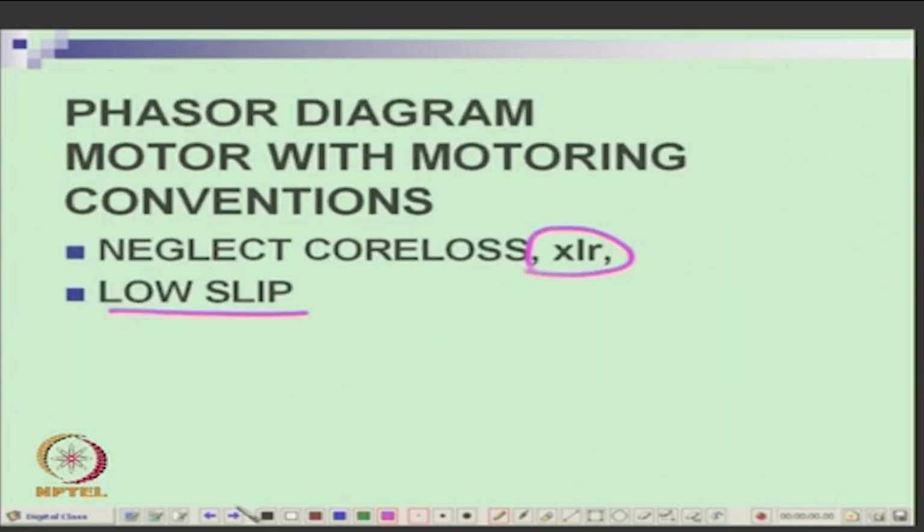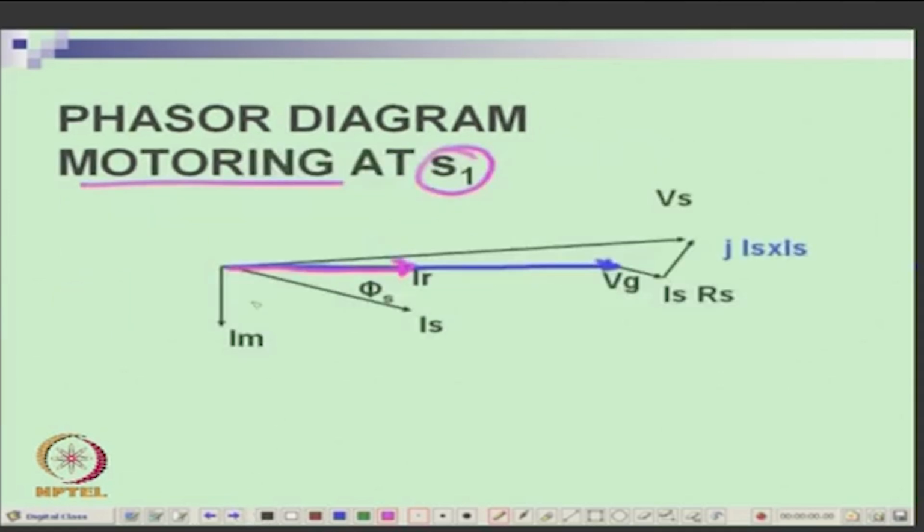Therefore, we write the phasor diagram. So, IM will be like this, okay. And then you know IR, what will be the IS? IS will be the sum of these two. Okay. So, we have this IS and the terminal voltage will be Vg plus the drop across the resistance and the drop across the leakage reactance. Okay.